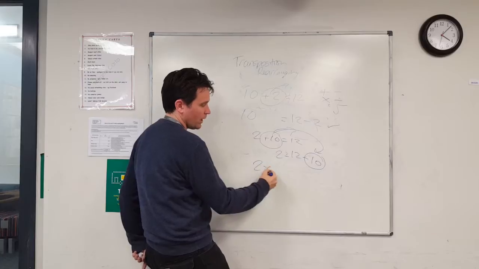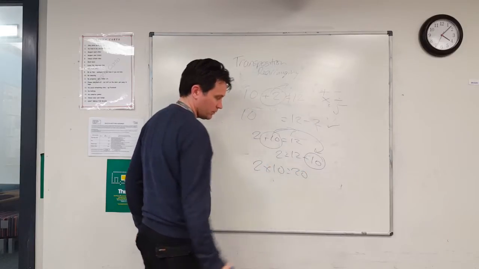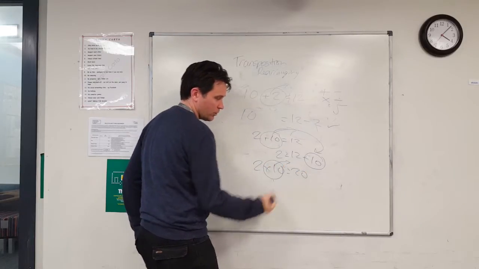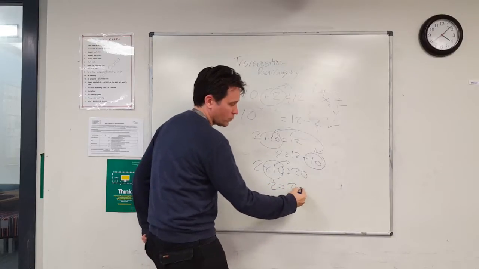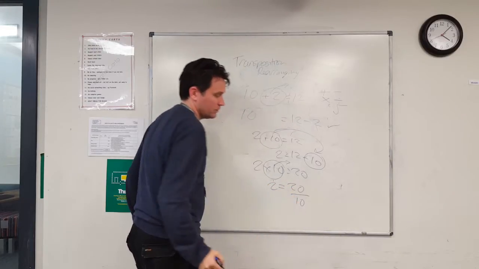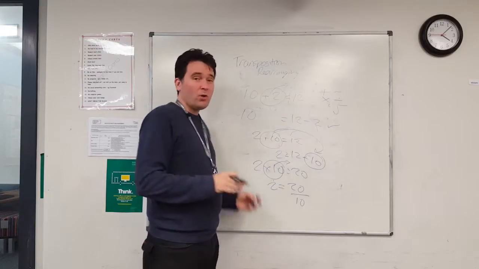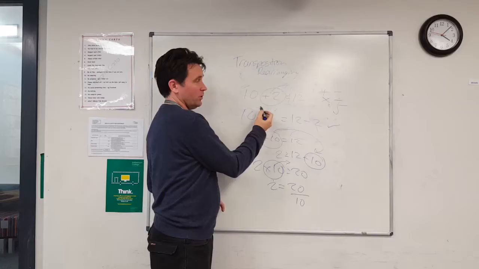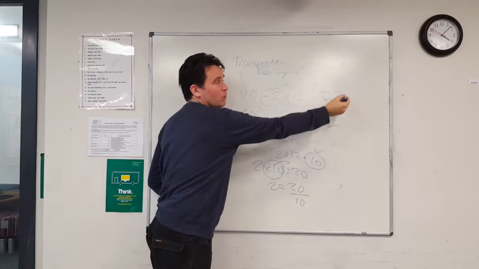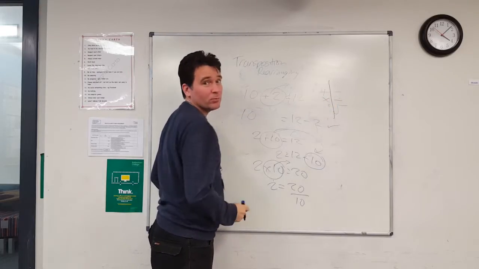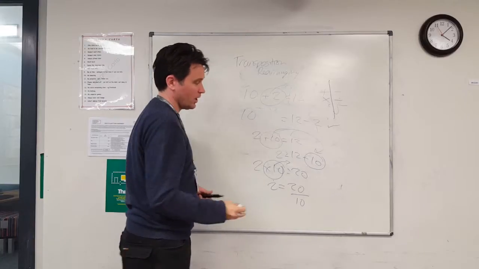So if it was 2 times 10 equals 20, take times 10 across, you'd end up with 2 equals 20 divided by 10, which is perfectly true. So rearranging stuff's not that difficult, providing you remember to change the polarity of the symbol once it goes over to the other side.